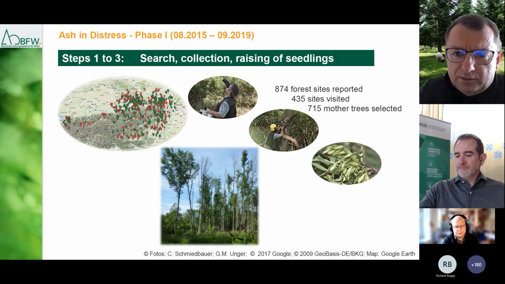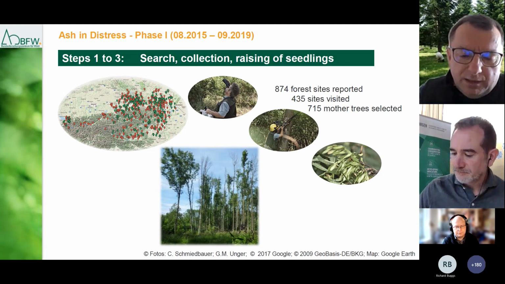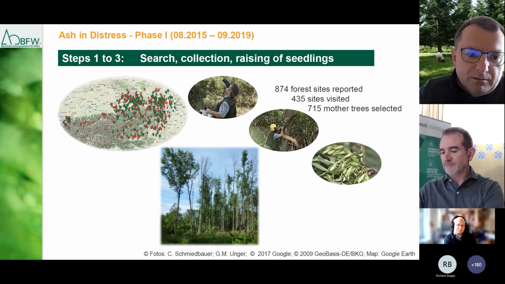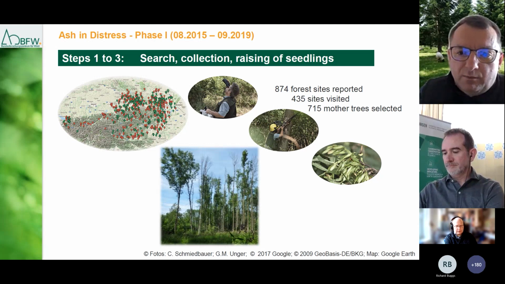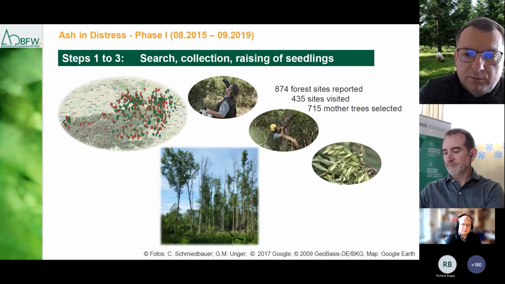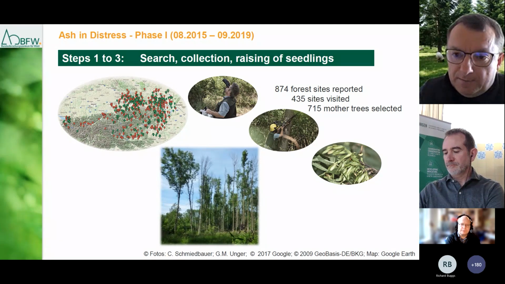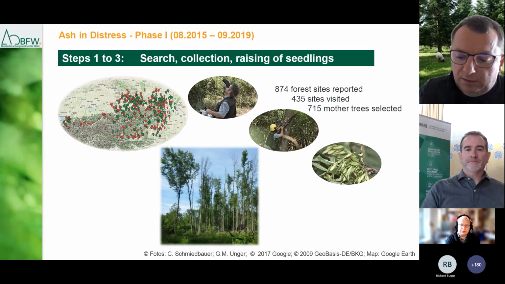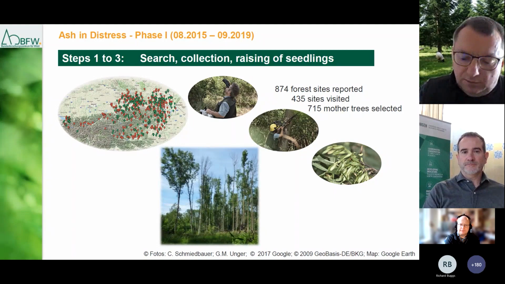In total, out of the more than 800 places we were notified about, 435 sites were actually visited, and from there we were able to collect seeds from 715 mother trees. So this is quite a big sample covering most of Austria.